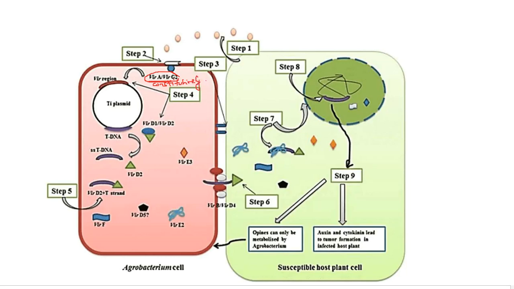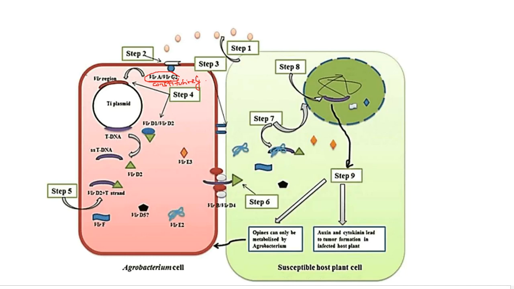And the other vir genes, like B, C, D, E and F and all of these genes, are expressed when the signal is received for the transformation, right?